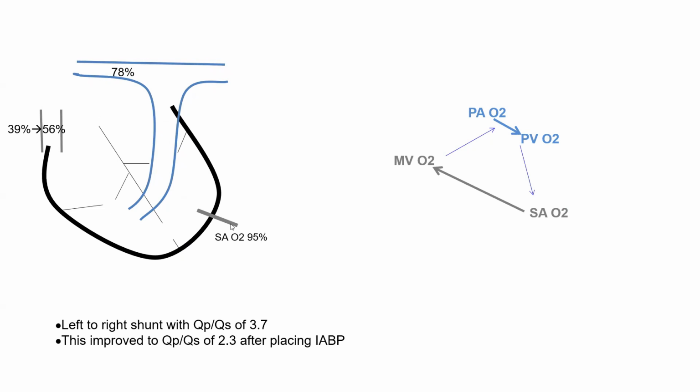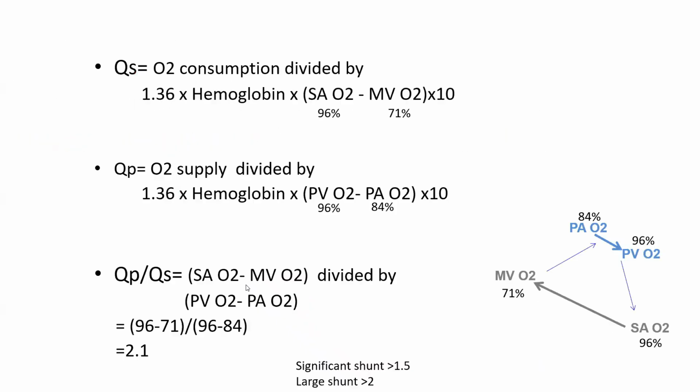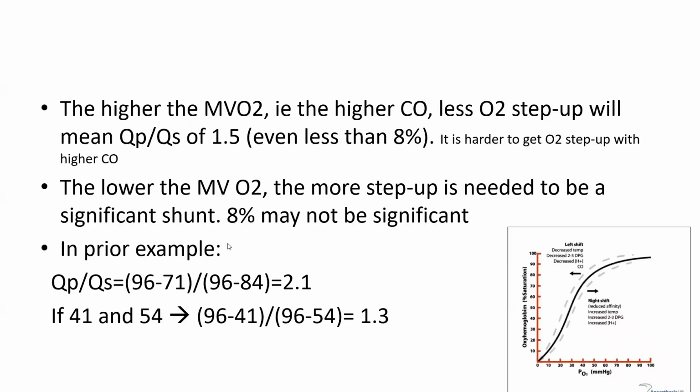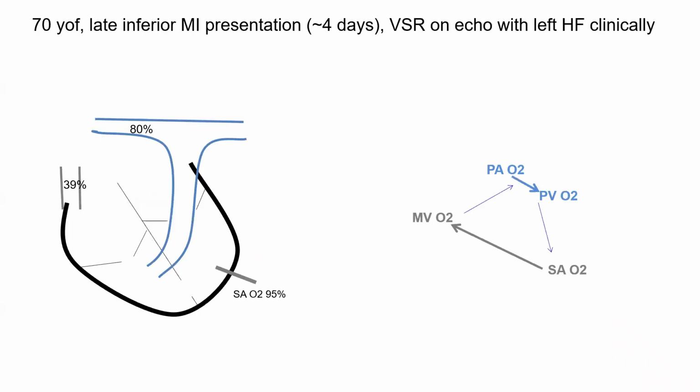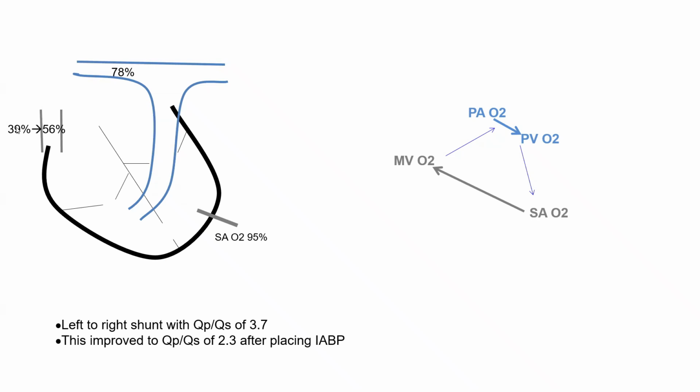The balloon pump did two things in this patient. One, it improved the forward left-sided flow. When it improved the forward left-sided flow, that means it improved the QS. Therefore, when the QS improved, the mixed venous O2 improved. So that's the first thing it did: it improved the mixed venous O2 before the shunt, from 39 to 56%.